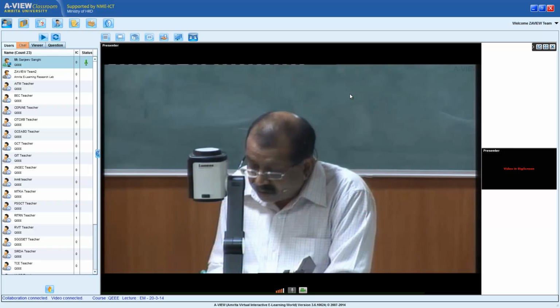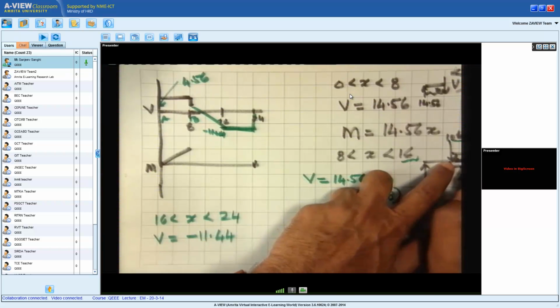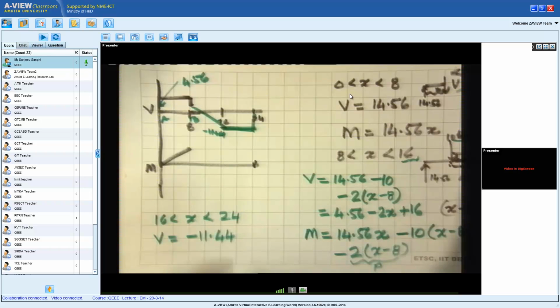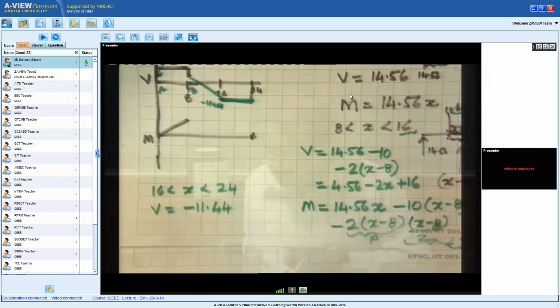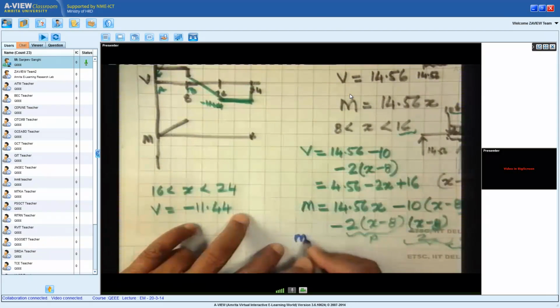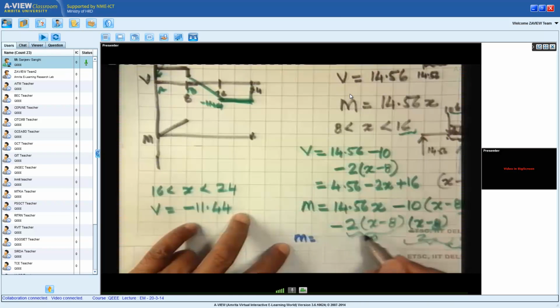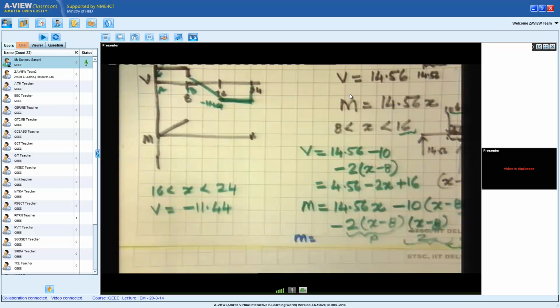This is P. Now what is the effective distance at which this force is acting? 2 times x minus 8 from the cut section, and we realize it is acting at a distance of x minus 8 divided by 2. So the total expression for bending moment, M is equal to 14.56x minus 10 times x minus 8 minus 2 times x minus 8 multiplied by x minus 8 divided by 2, and you simplify this expression.